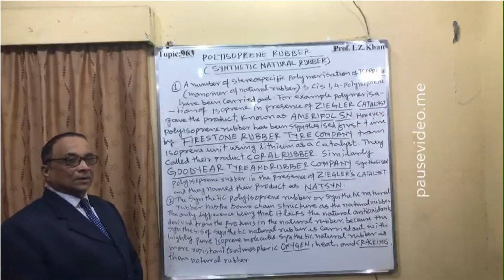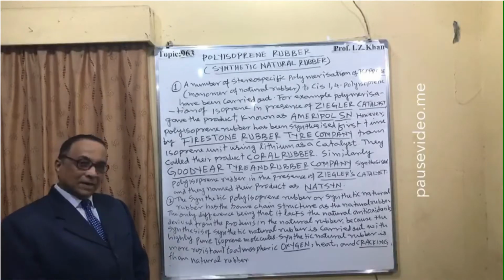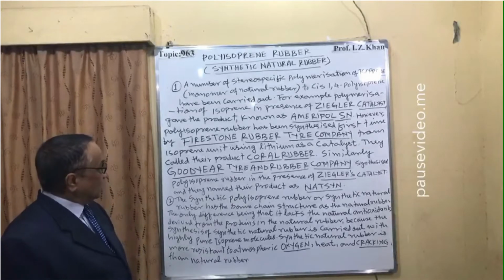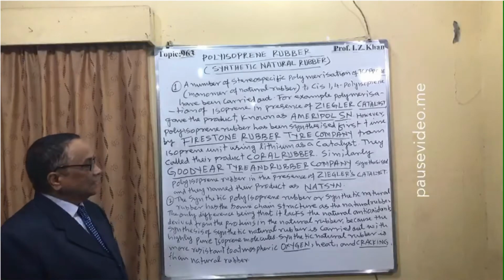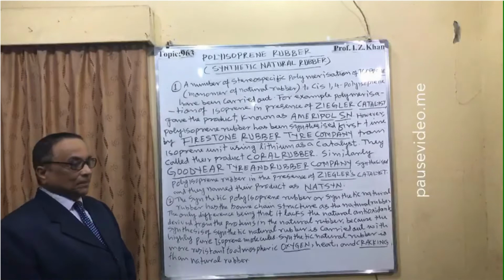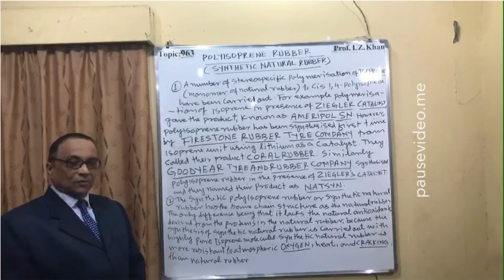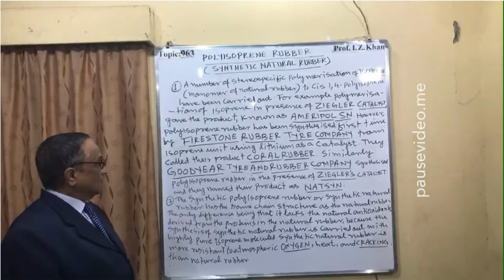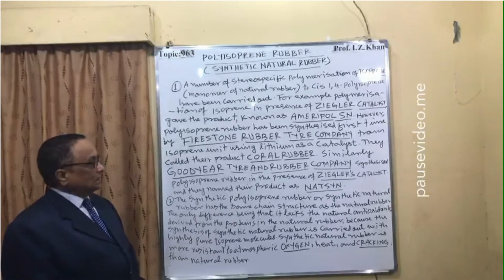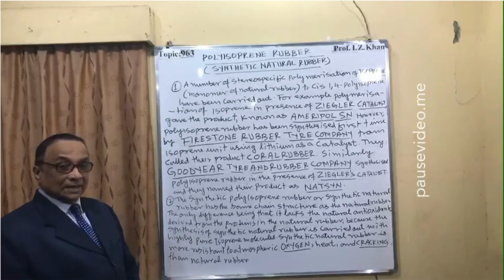Similarly, Goodyear Tire and Rubber Company is also very popular and well known. Goodyear synthesized polyisoprene rubber in presence of Ziegler catalyst.